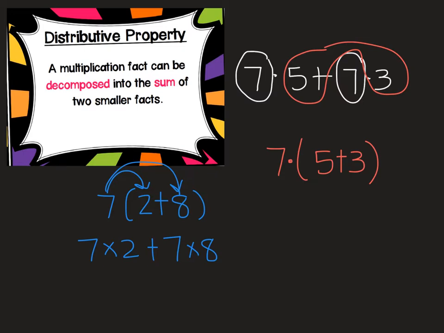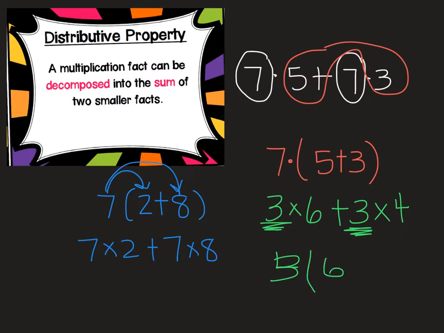If I have another equation, like 3 times 6 plus 3 times 4, I can take my repeated factor out and put my other factors, 6 plus 4, in my parentheses. I know that's a lot to remember, but this should be a review, and it's something that we'll touch base with in following lessons as well.